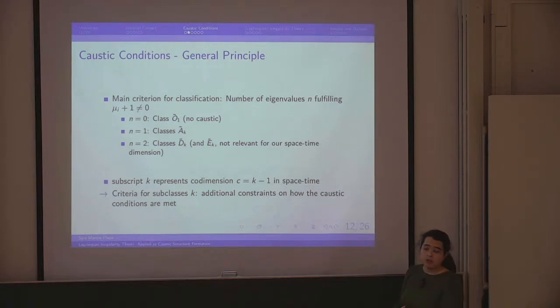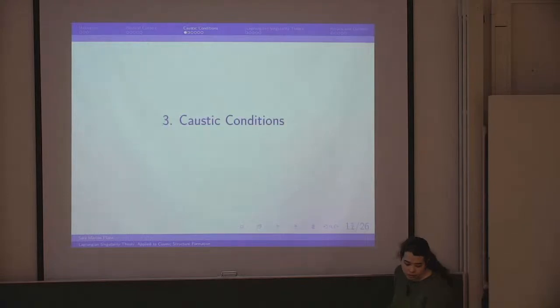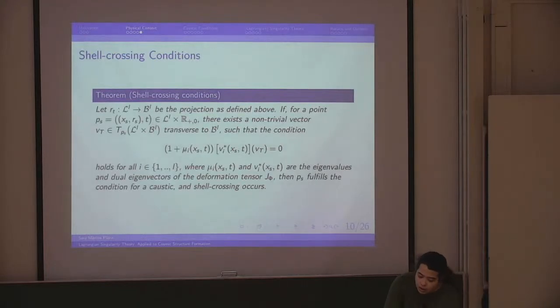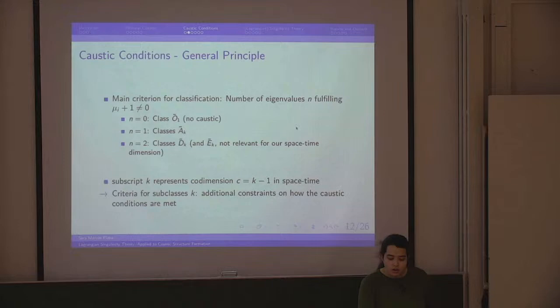That is something that one has to prove, because essentially, we could say, well, this doesn't have to be 0 for it to be 0 for all i's. But if this is the case, since all eigenvectors form a basis of their respective vector space, if for all eigenvectors Vt is orthogonal to them, then Vt has to be 0. And this is something that we exclude by saying that Vt has to be non-trivial. So if this is the case, we have a non-caustic.